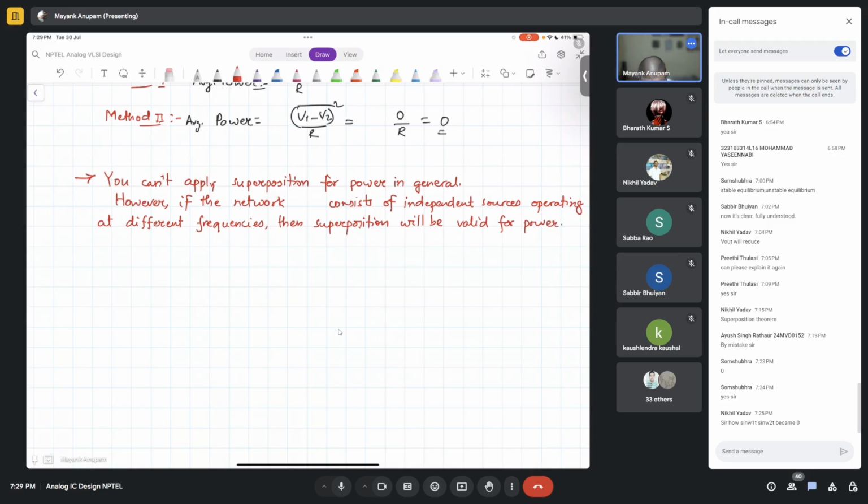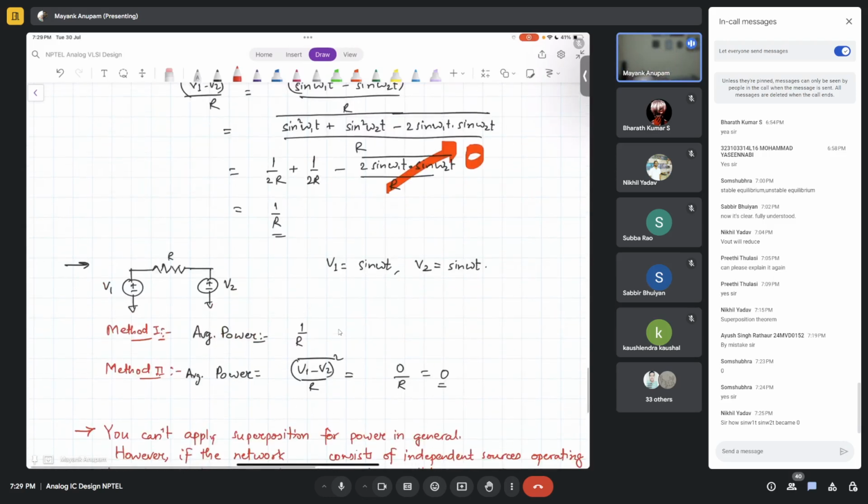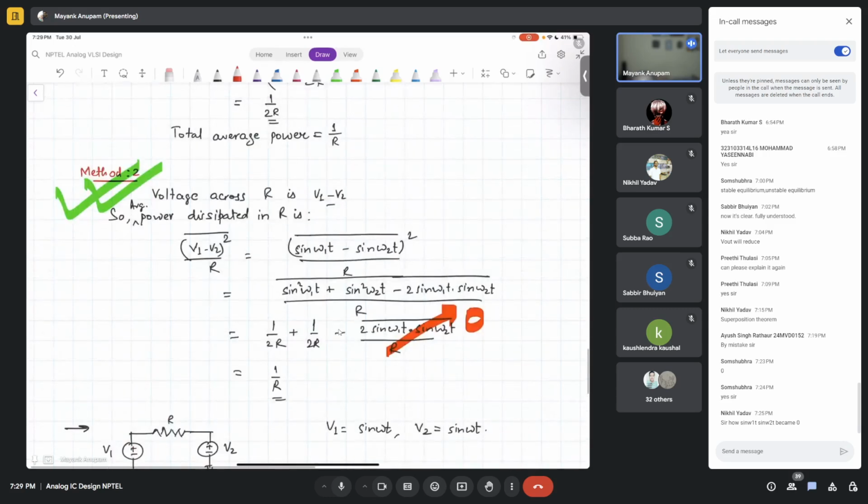Got it? This is the whole point behind superposition. So this is a very important thing that I wanted to explain.